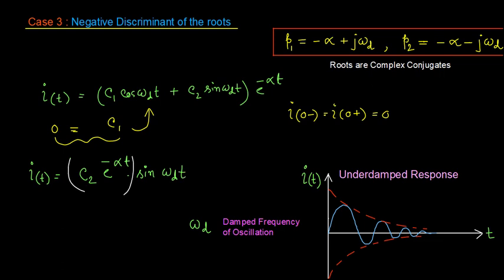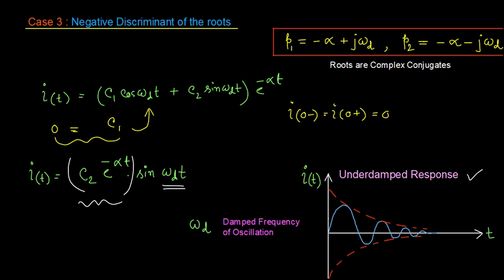So this part represents the amplitude, which is exponentially decaying like that, and omega d is known as the damped frequency of oscillation. So the response is sinusoidal with its amplitude exponentially decaying. This type of response is called underdamped response.